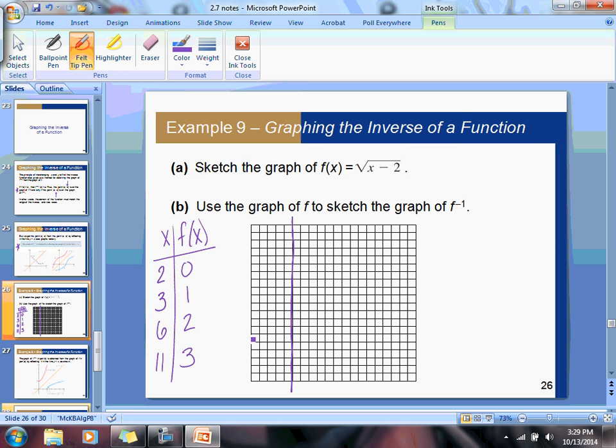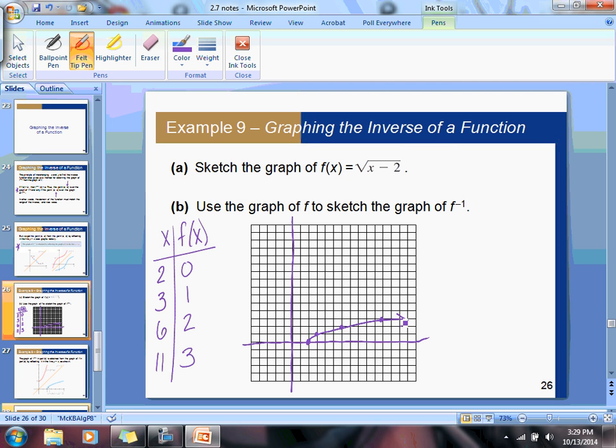And I'm actually going to move it down just a little bit too, so we have room up at the top. Okay, so I'm going to plot those points now. So I've got (2, 0), (3, 1), (6, 2), (11, 3). Okay, so there's my original function.